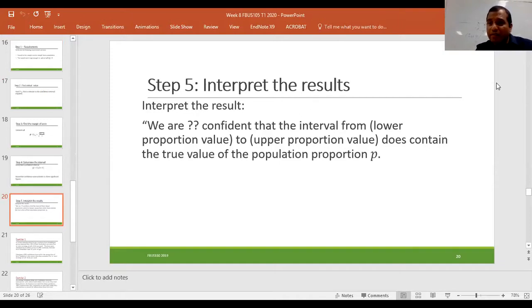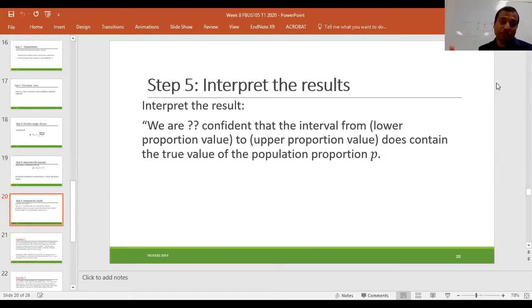So this is a standard way to interpret the findings. You just have a look at the syntax of this sentence. If the question asks you to construct the confidence interval for 90%, you will say we are 90% confident.